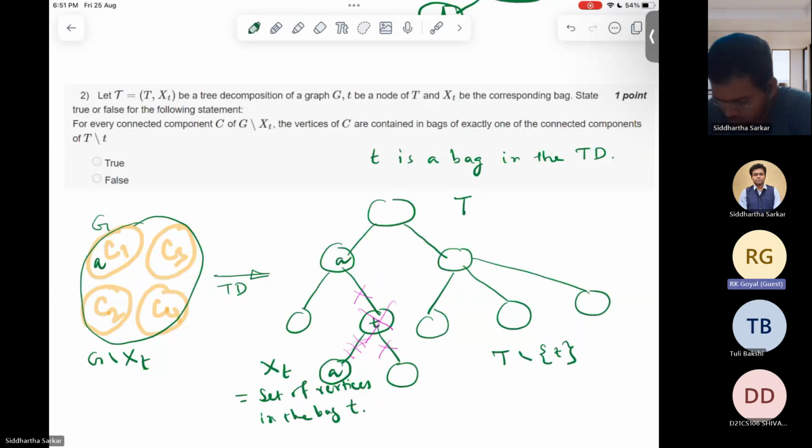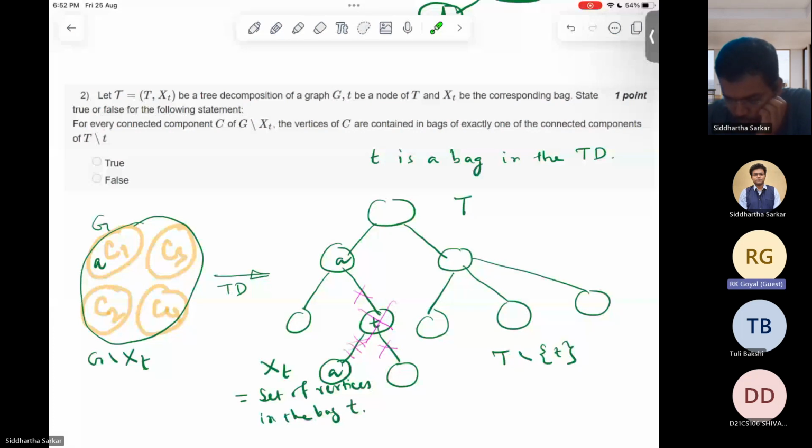Correct. But then this cannot be the case. Why so? Because A could have belonged to the T which has been removed, or A could have been the case otherwise. So all the paths which are going through T have been removed. So I think that the statement is true.